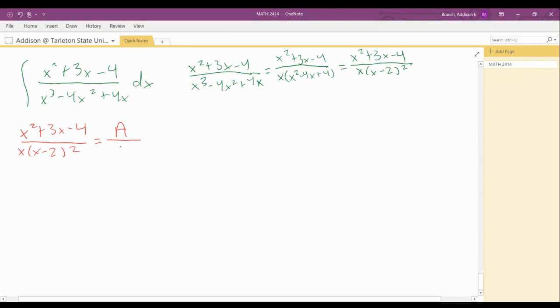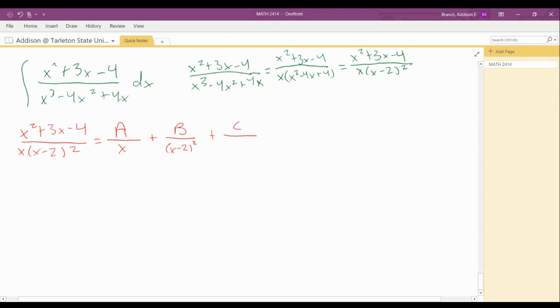We know that we have an a over x. But if one of our factors is raised to a power, you have to start with your highest power, so x minus 2 squared, and then just keep going down until you get down to 1.